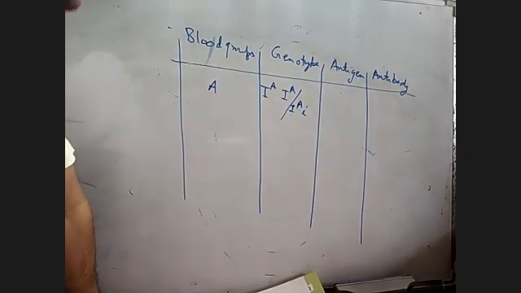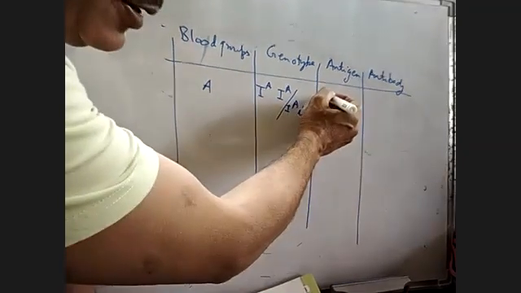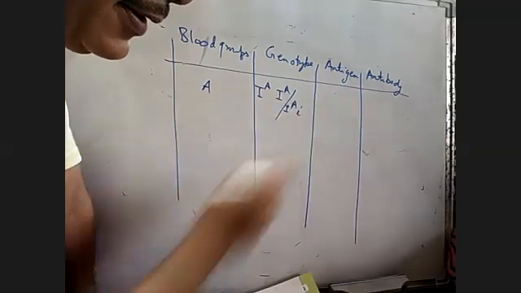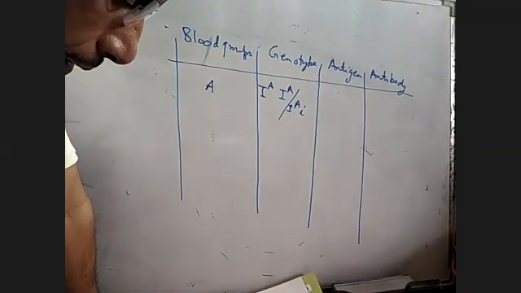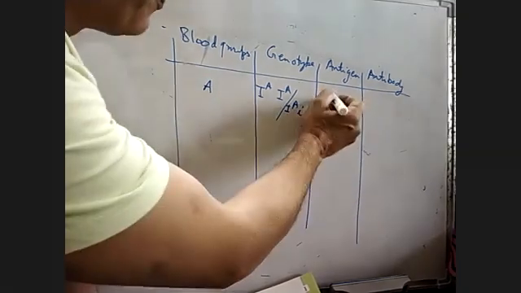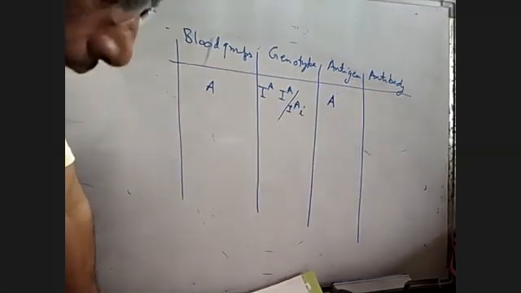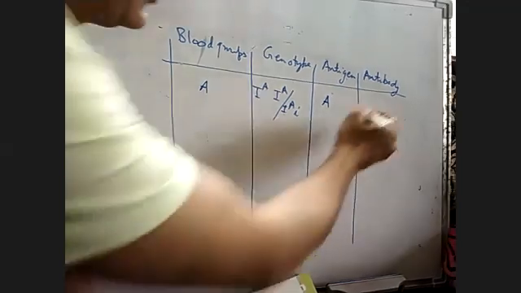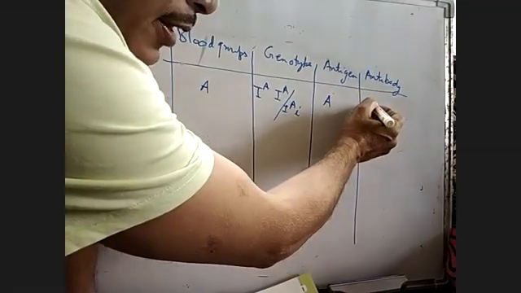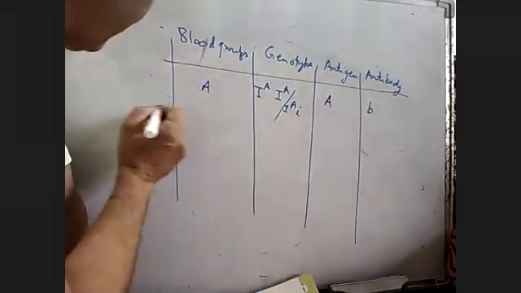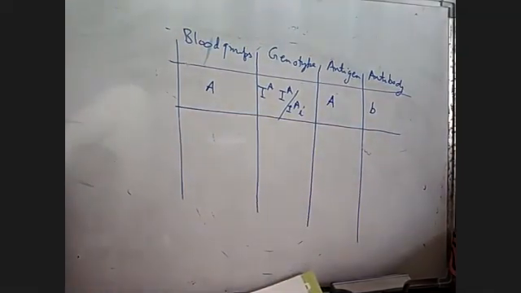The antigen found is A, and the antibody is B, or we can write a small b as the antibody. It will always be opposite, antigen and antibody.